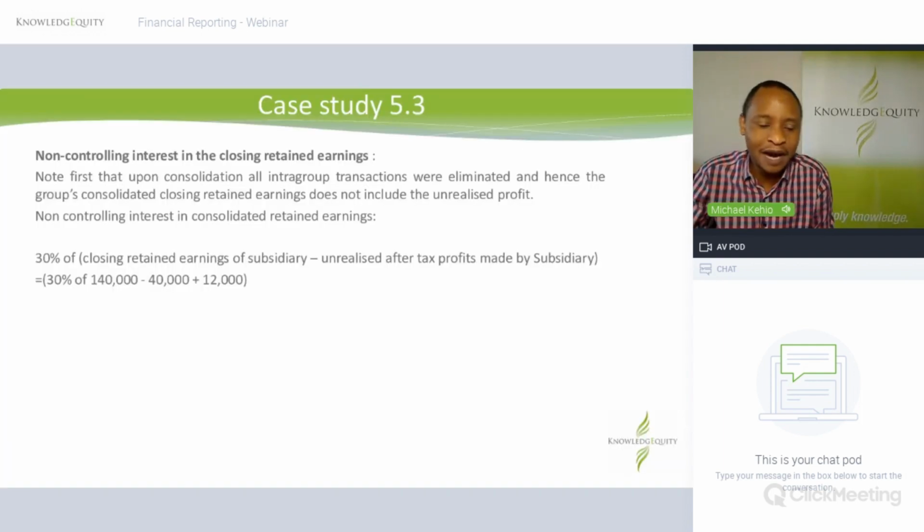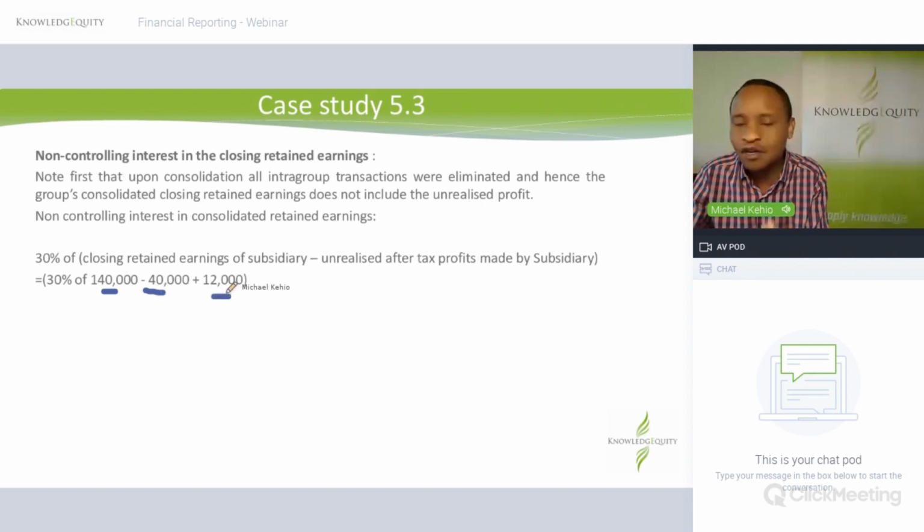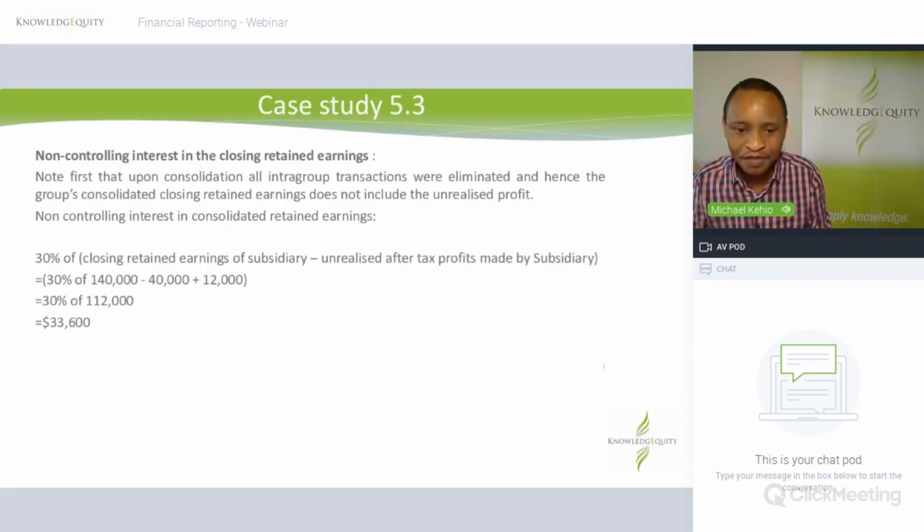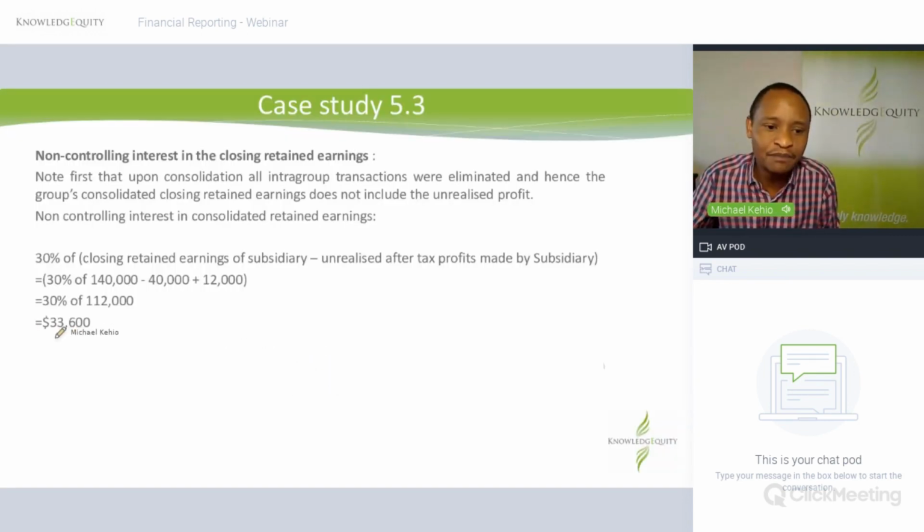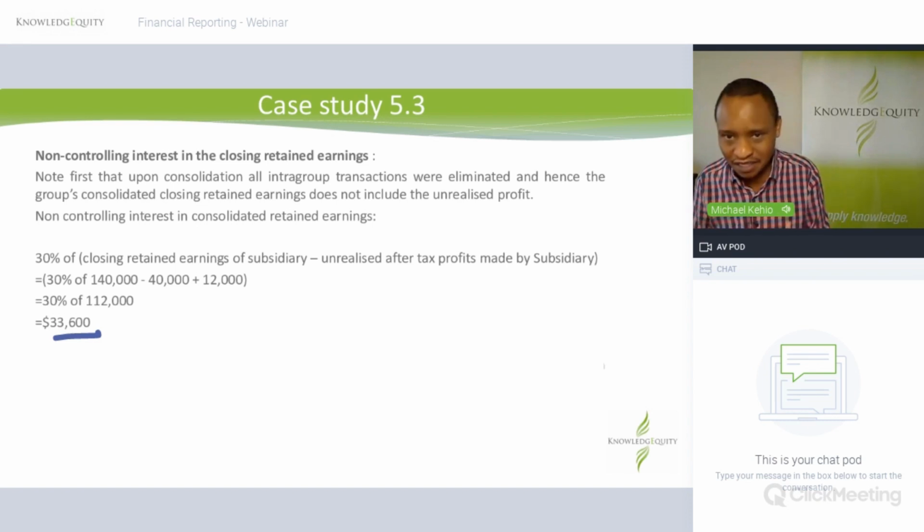So this is the closing retained earnings. You deduct the 40,000, which is the unrealized profit on inventory, but then don't forget the tax effect, which reduces how much you reduce the profit of the subsidiary by. And so when you do that, you end up with closing retained earnings of 33,600.